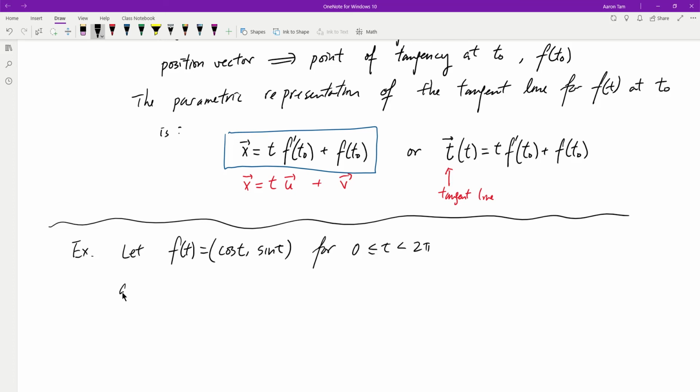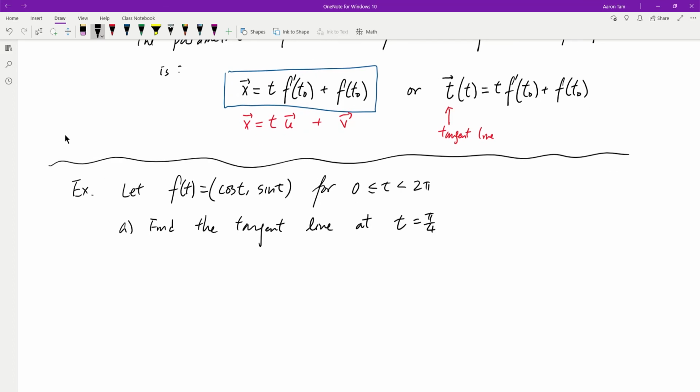And I'm not going to include 2 pi because, once again, 2 pi is the same as 0. Let's see if we can do the following. A. How about we find the tangent line at t equal to pi over 4.